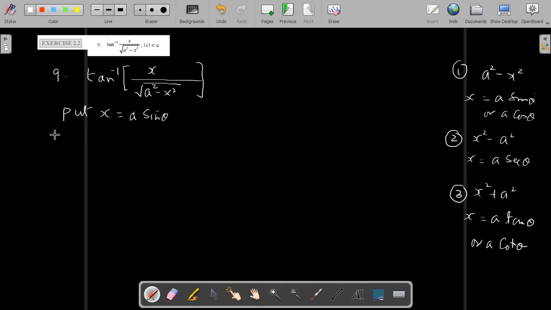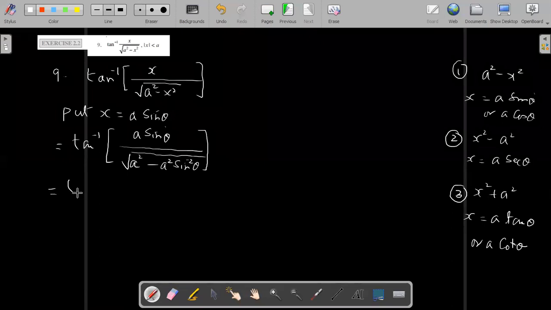So now substituting, we get tan inverse of x equal to a sine theta, divided by under root a square minus x square, meaning a square minus a square sine square theta. Now you can solve it.